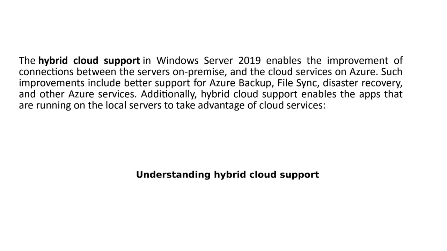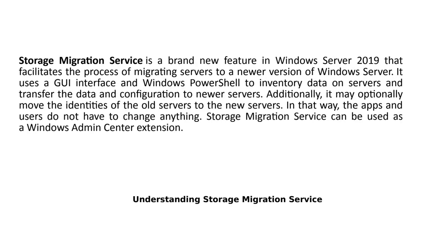Hybrid cloud support: we already talked about the support that Windows Server 2019 gives for the cloud. It supports Azure Backup, File Sync, and disaster recovery. So it provides better support for the cloud and hybrid cloud.